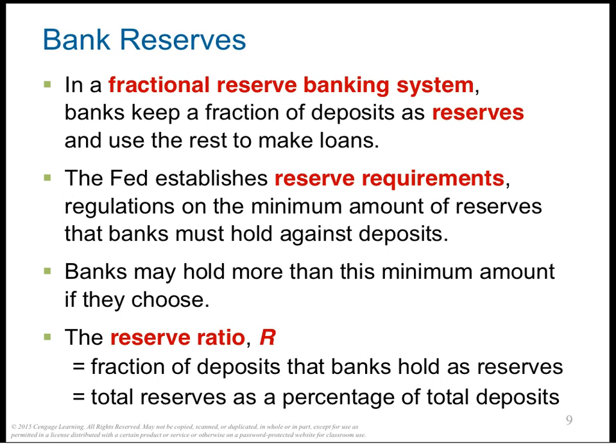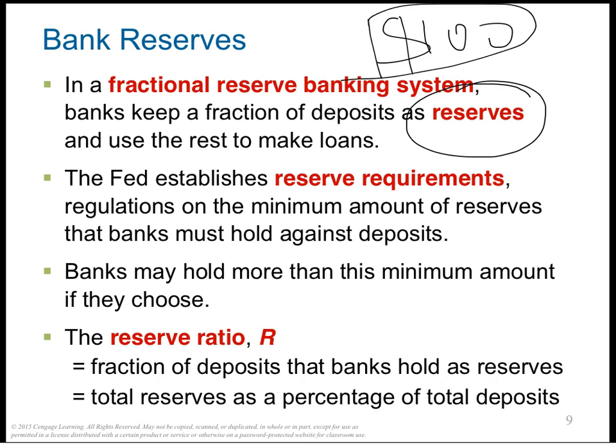The deposits that the bank has received but has not loaned out are called reserves. So let's say the bank gets $100 from you and gives $50 as loans. The remaining $50, which is not loaned out, is called reserves. Here $50 is the reserves for the bank.